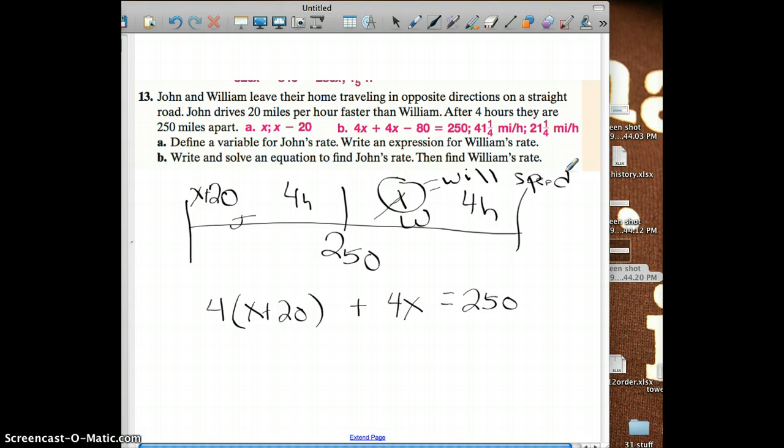Okay. We now need to distribute the 4 to the x and the 20, so we're left with 4x plus 80 plus 4x equals 250. Combine like terms, 8x plus 80 equals 250.